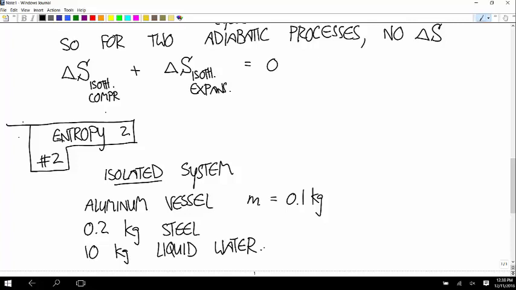The vessel has an initial temperature of 20 degrees Celsius. Steel has an initial temperature of 150 degrees Celsius. And the water has an initial temperature of 5 degrees Celsius.